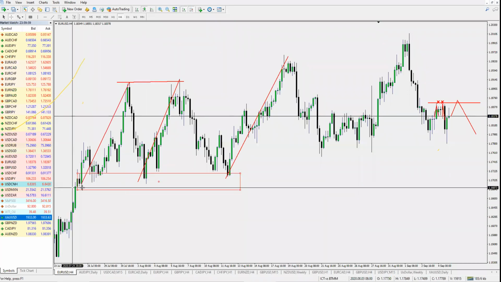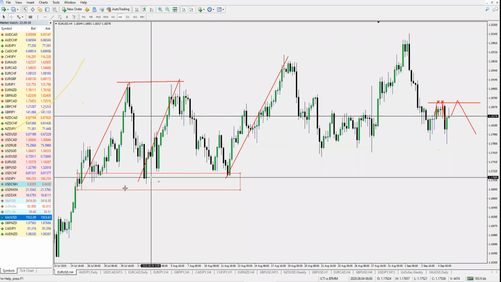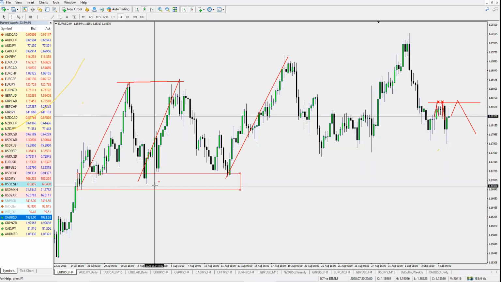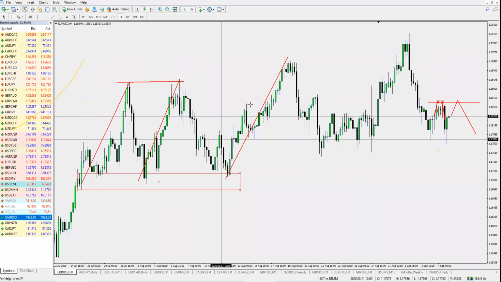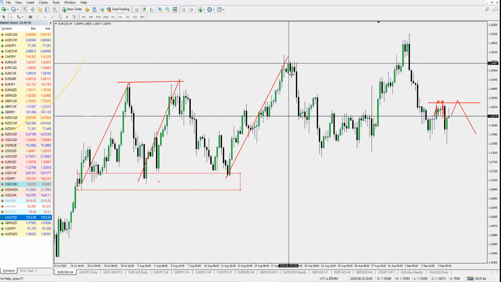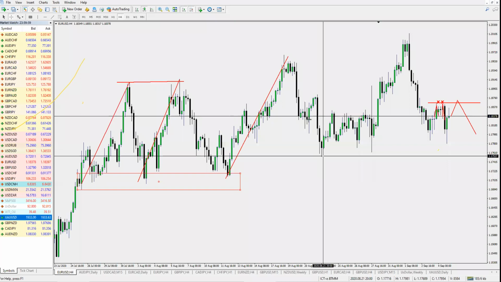Price has tested this order block a few times, collected orders inside of this order block, and pushed price back up. When price came back down, this order block here was created, responsible for pushing price up.